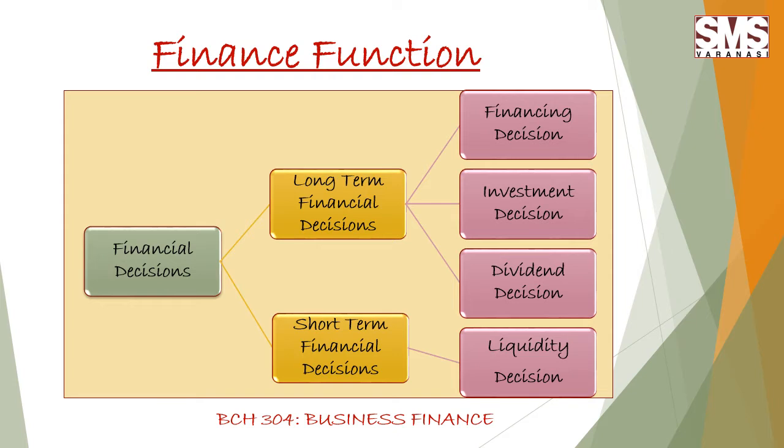And I'm going to discuss all these four decisions in detail in the next slides. But before knowing what is financing, what is investment, what is dividend decision, and what is liquidity decision, it is necessary to know what you mean by long-term financial decision and short-term financial decision.